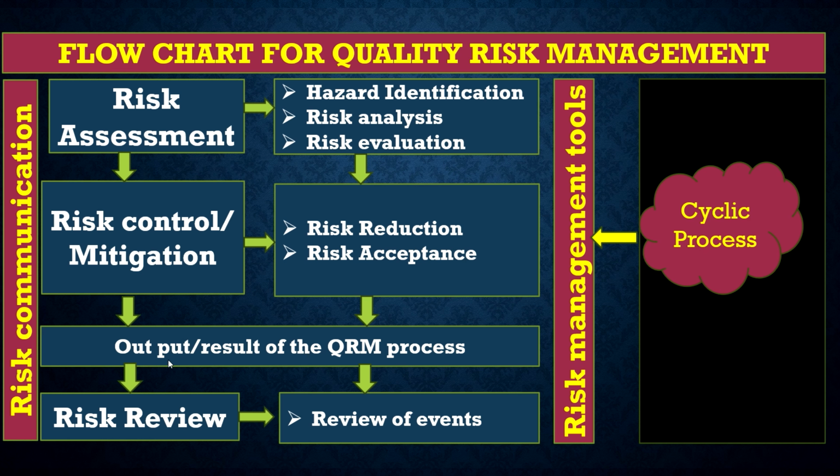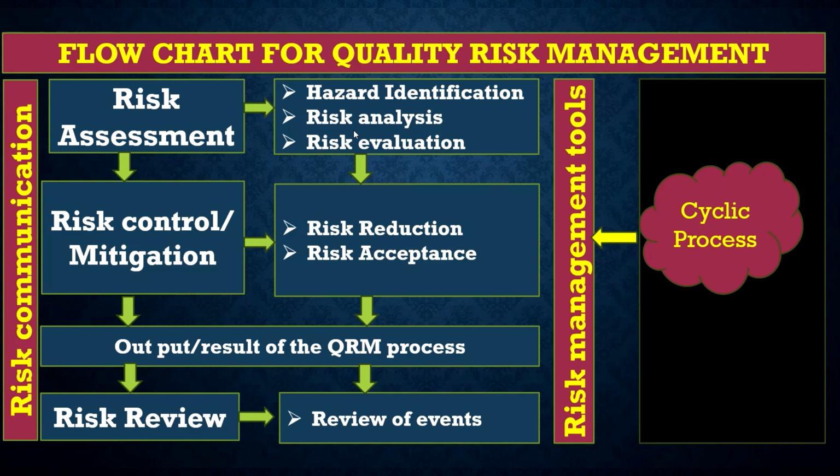And finally, the output or result of the QRM process. By doing all this QRM process, what is the output we got and what is the result of the QRM process, we need to evaluate. Then we need to review that risk. So what are the control measures we have applied, we have incorporated, whether these are all working or not, we need to review thoroughly. Finally, after review, suppose we have identified some gap, again we need to do a risk reassessment.